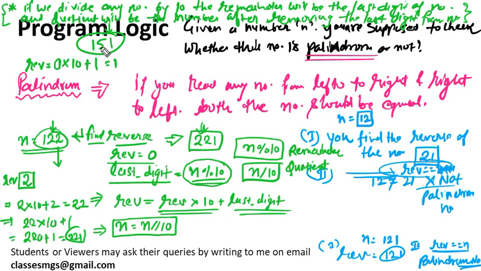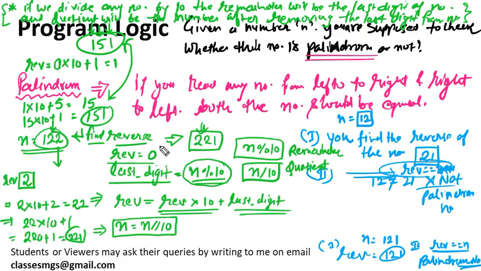Then after fetching the second digit, we multiply 1 into 10 plus 5, that will become 15. Next time 15 into 10 plus 1, that will be 151. So the reverse and the original number are both the same, that's why we can say this is a palindrome number.